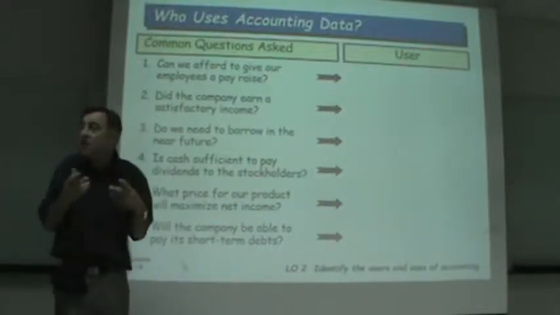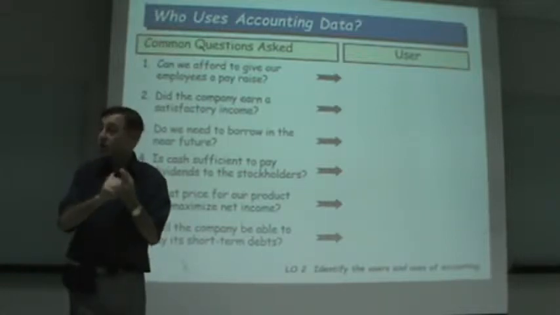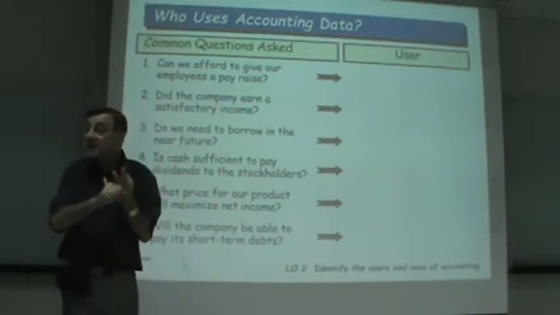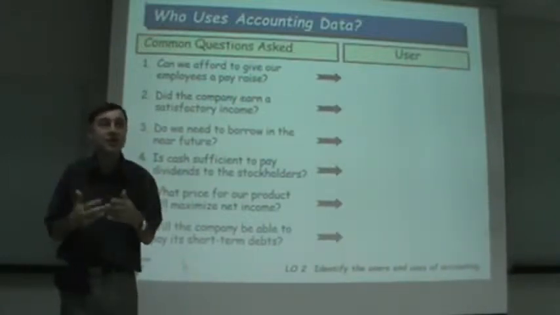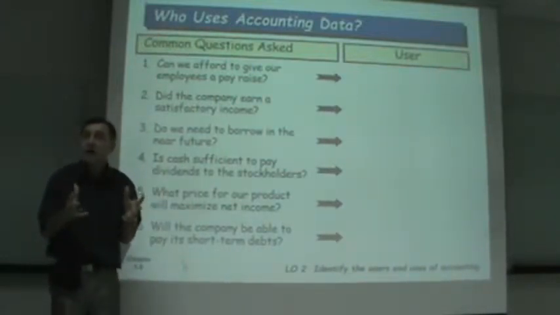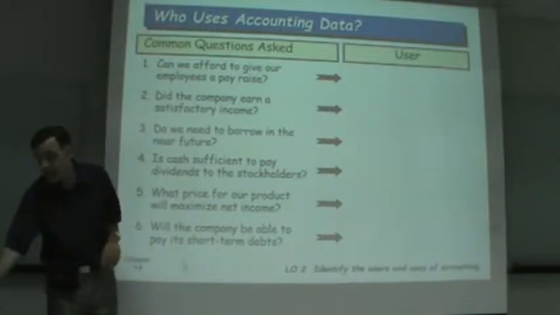So these are all important questions, whether it's a restaurant or a hotel or a fitness club, or a football club. Doesn't matter what the business. It's all about money. Do we have enough? And if we don't, how much more do we need?